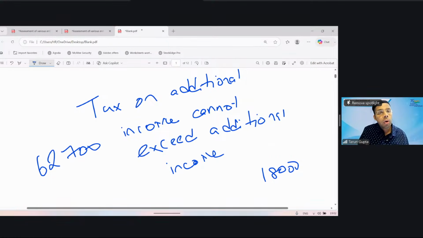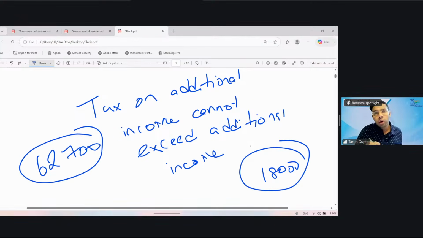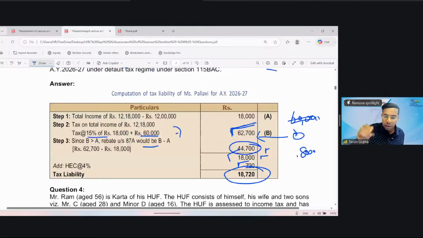Means tax on 12 lakh was nil, tax on 12 lakh 18,000 was 62,700. So the difference is 62,700. So this 62,700 cannot exceed 18,000. So I restrict my tax liability to 18,000. Clear? And I add cess, and that shall be the total tax liability. Okay.